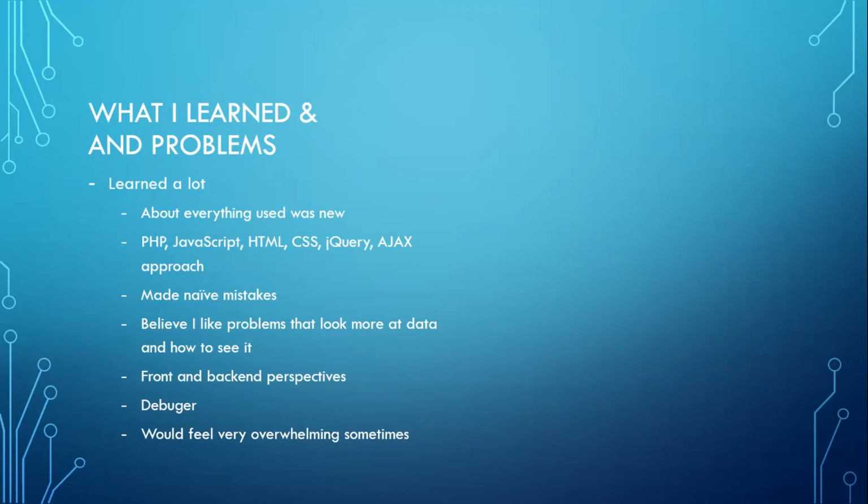And when debugging my PHP errors, I didn't really have an Apache debugger. So what I did instead was just var dump what was going on to the screen. And where it broke is where I had to look even more.